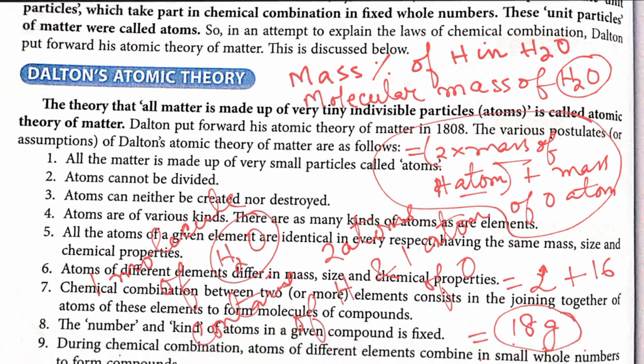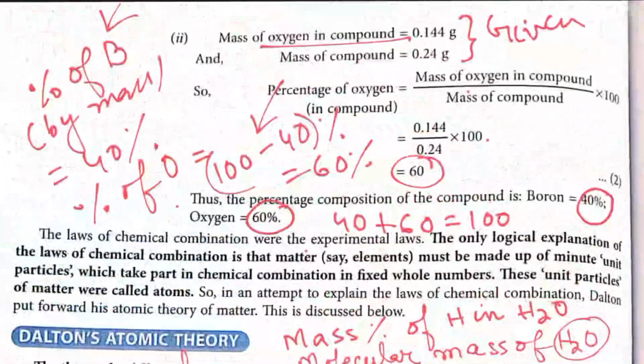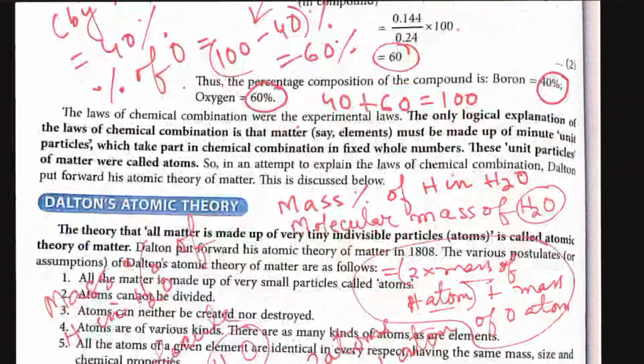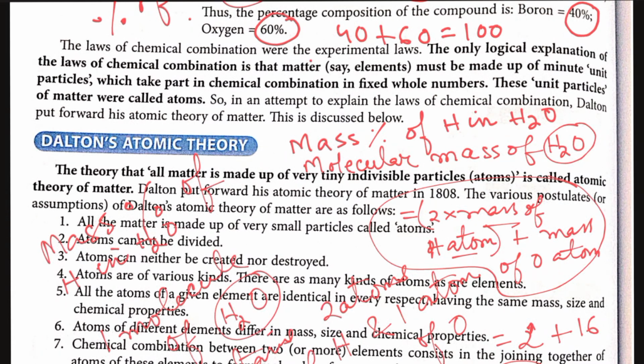Now if I want to find the mass percent of H in H2O, what will I do? I will use the formula which I have just discussed: mass of that element in the compound. How much of the mass of H is present? 2 grams, because there are 2 H and the mass of 1 H is 1 gram.